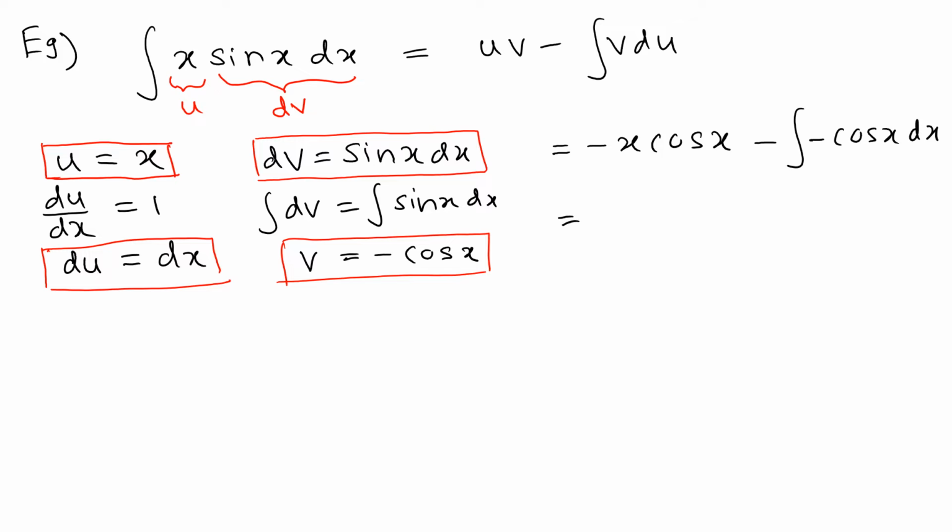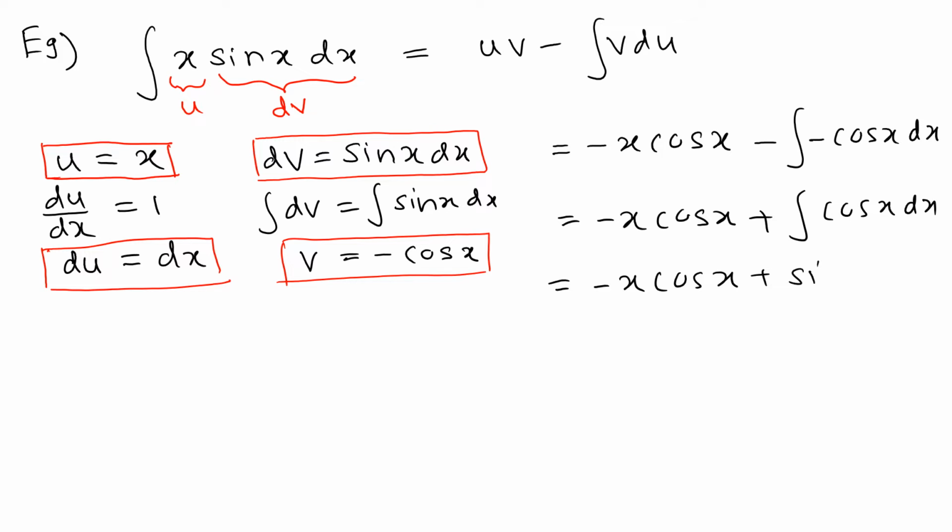Now negative times negative is positive, so you can write it like that. This step is unnecessary, but I write it just for completeness. You can see this is negative x cosine x. The integral of cosine is sin x, so plus sin x plus c. You have the c at the end. That's how you do the problem using this method.